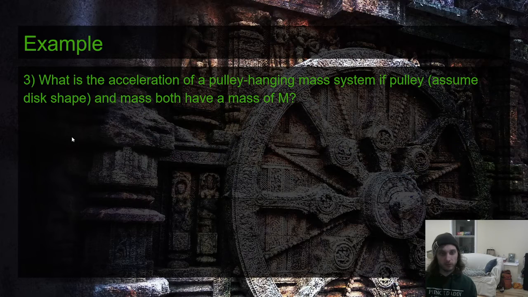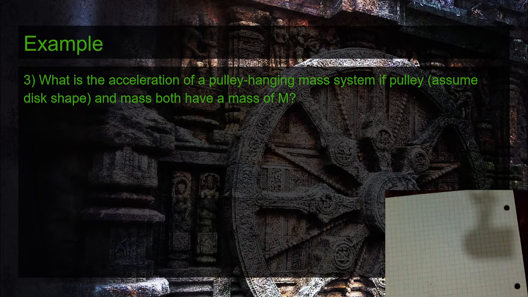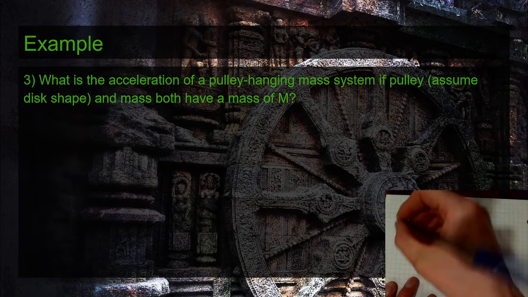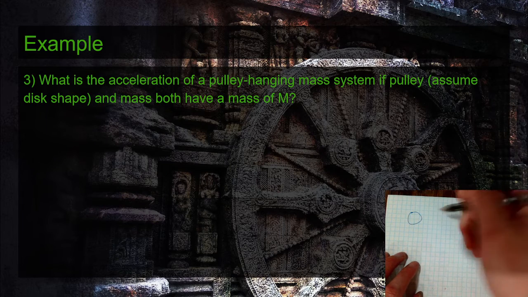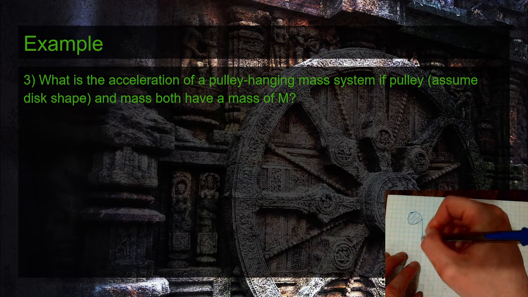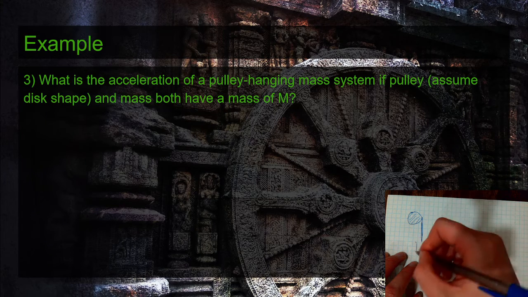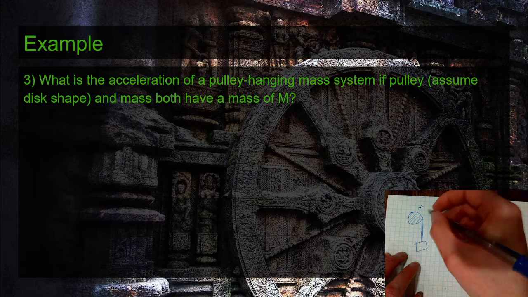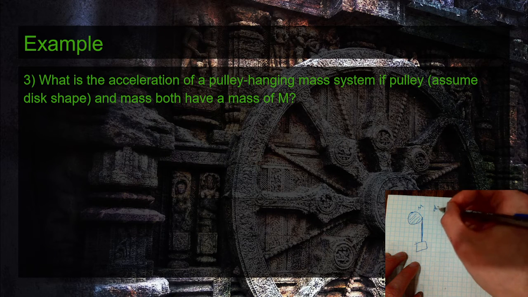Let's do the harder problem. It's probably conceptually harder, but involves less just numbers, so I'm much more on board with it. So what would the acceleration of a pulley hanging mass system be if our pulley is a solid disc with a rope hanging off of it, where the disc has a mass of m and it's a disc?